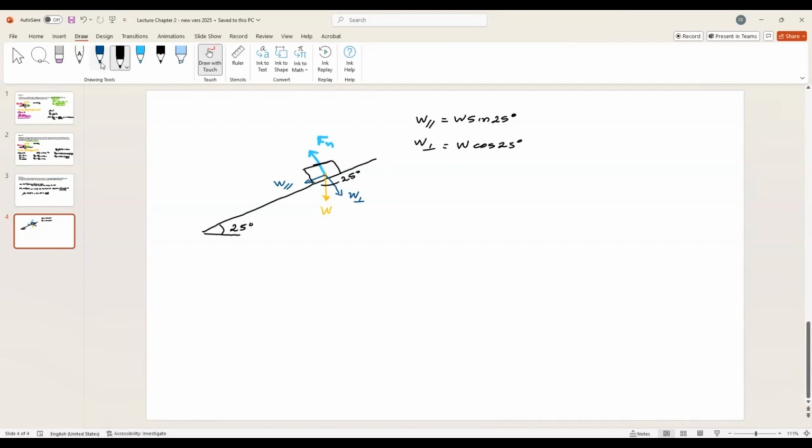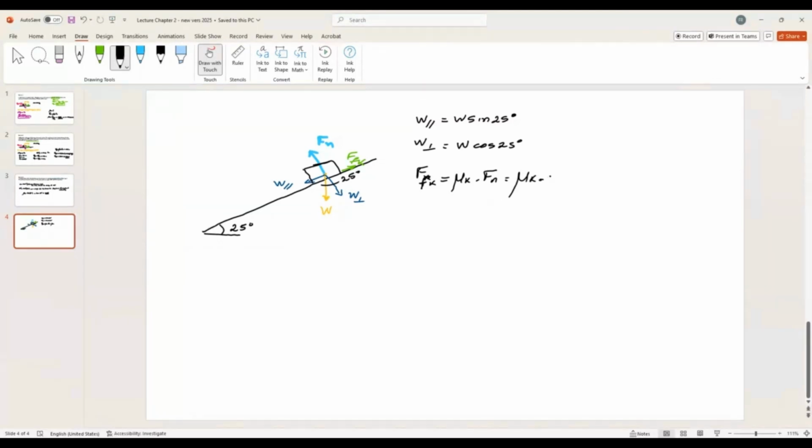At the same time, we have here a force that opposes the motion of the block sliding down the incline. So here we have the force of kinetic friction. And we know that the force of kinetic friction will be mu sub k times the normal force.